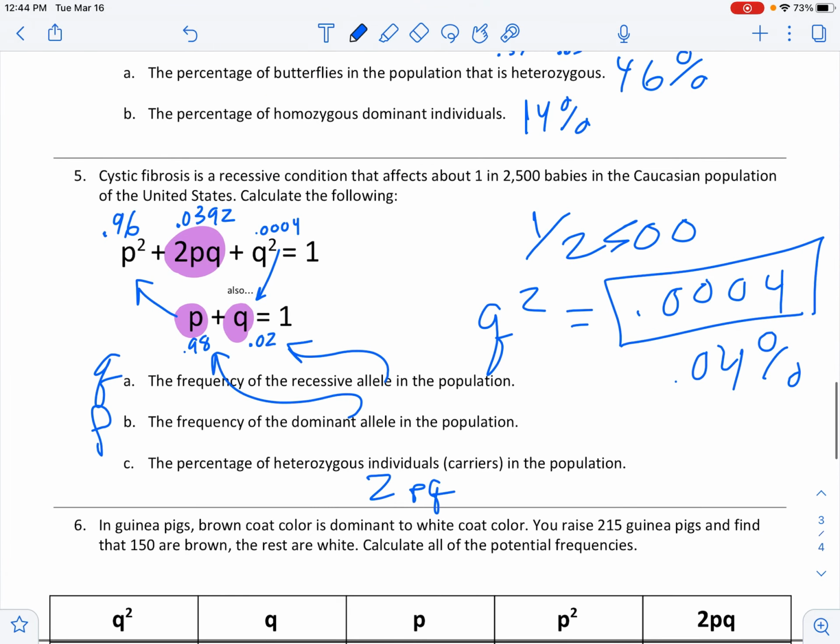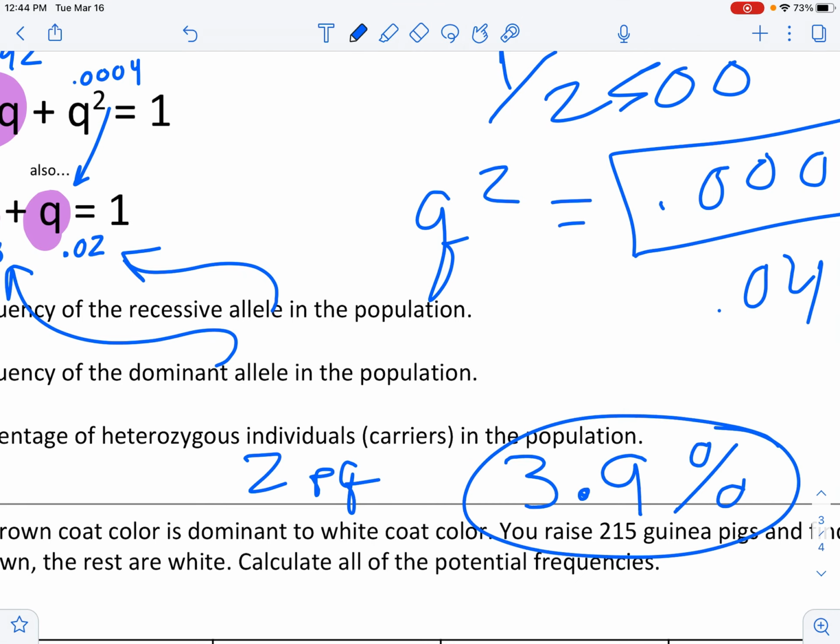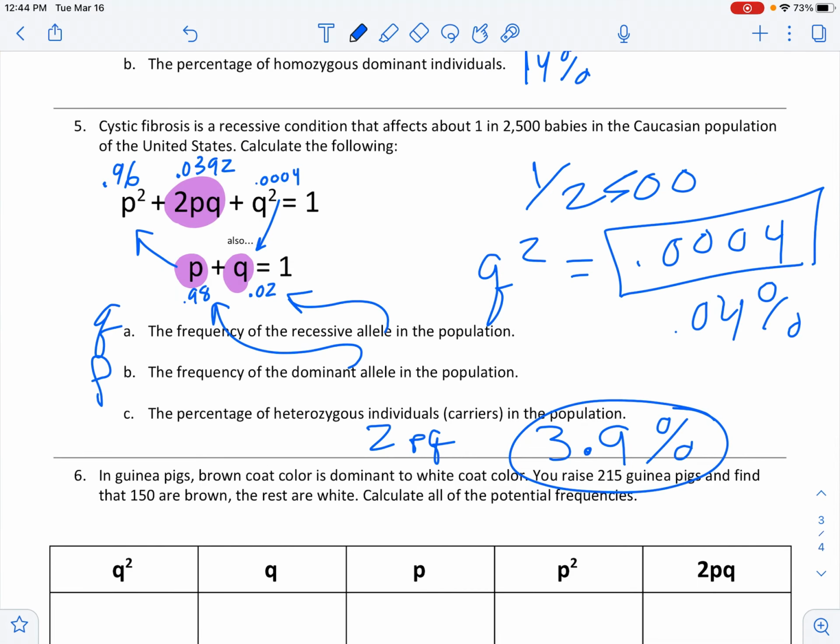And it's percentage, so times 100. 3.9% are carriers. If 2 of those carriers have offspring, there's a 1 in 4 chance that their offspring would have cystic fibrosis.